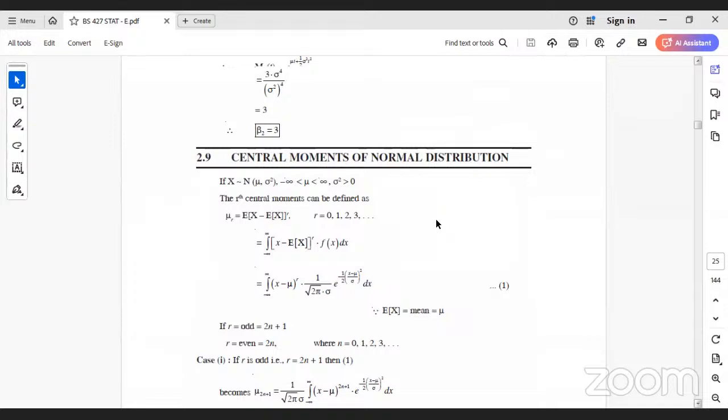The central moments of normal distribution. If X follows N(mu, sigma square), minus infinity less than mu less than infinity, sigma square greater than 0, the rth central moments can be defined as mu r = E[(X - E(X))^r], where r is equal to 0, 1, 2, 3, and so on.